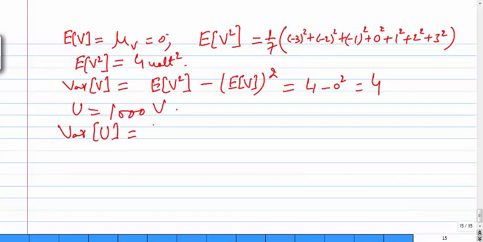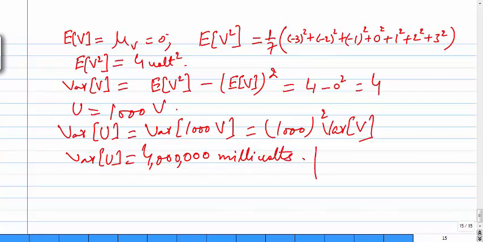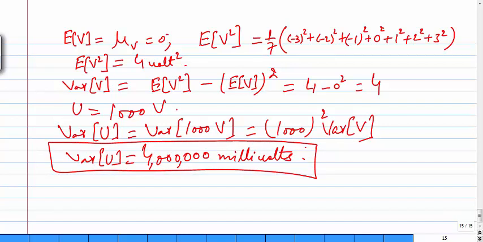If we apply the formula, that's equal to variance of 1000 v, that becomes 1000 square times variance of v. When we plug in the values, because this is 4, variance of u becomes 4,000,000, which is 4 million millivolts square. So this is the answer that we can get after applying the theorem.